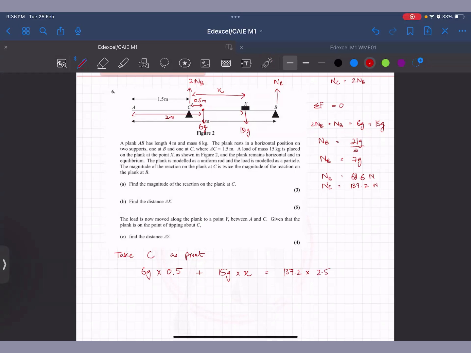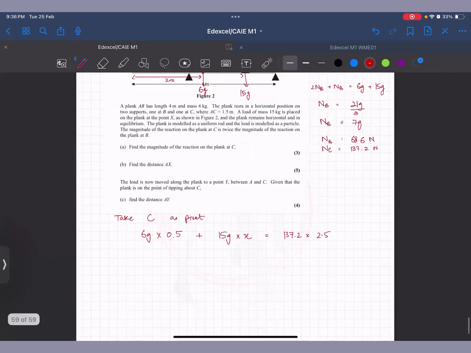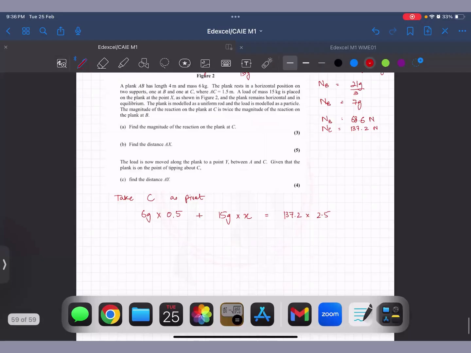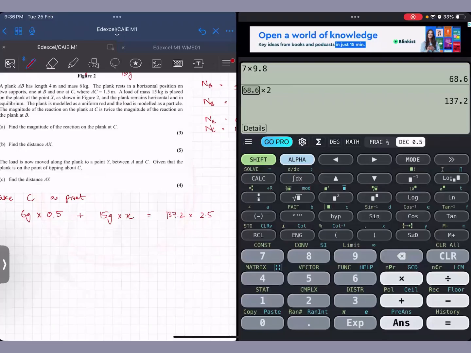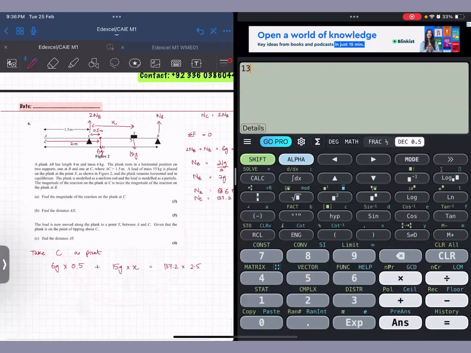So can we get the value of x? That's what we need. So 137.2 times 2.5, minus 6 times 9.8 times 0.5. Then this 313.6 divided by 15 times g.